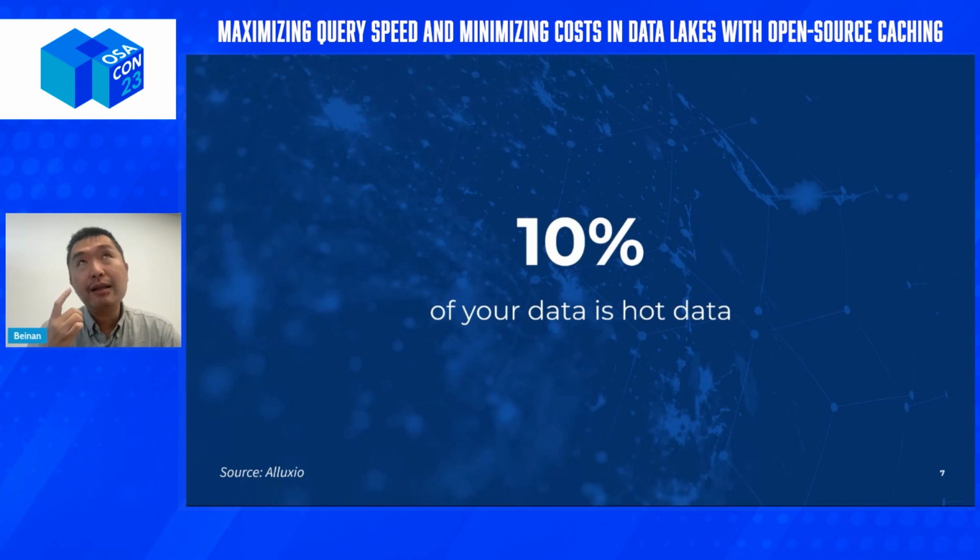Only 1% of the data can cover 50% of the traffic, which means if you have a cache, we only need 1% of data storage to speed up 50% of the data transfer, or maybe you can save 50% of data load from the underlying storage.